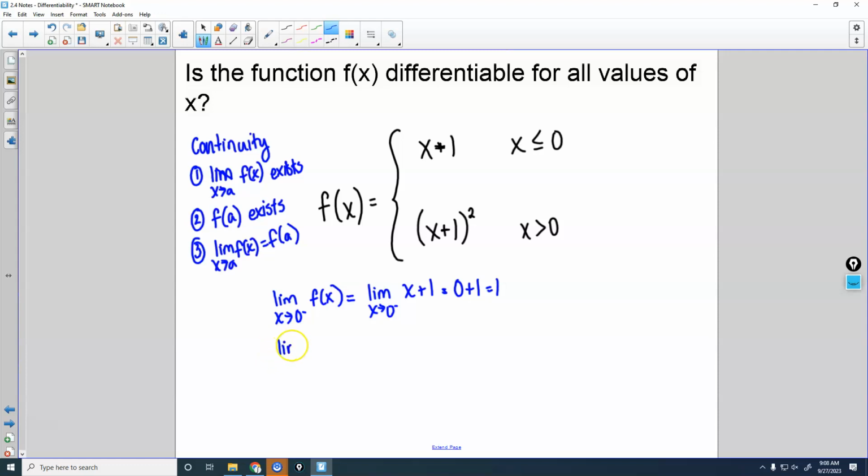From the right, we will be doing the limit as x approaches 0 from the right of f of x, which is the limit as x approaches 0 from the right of the bottom function, x plus 1 squared, which is just going to be 0 plus 1 squared, which also gives us 1.